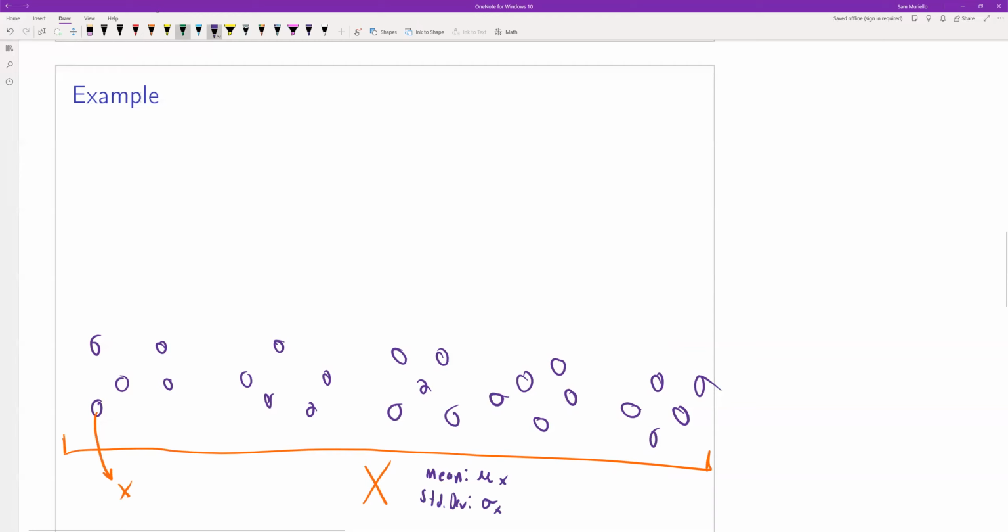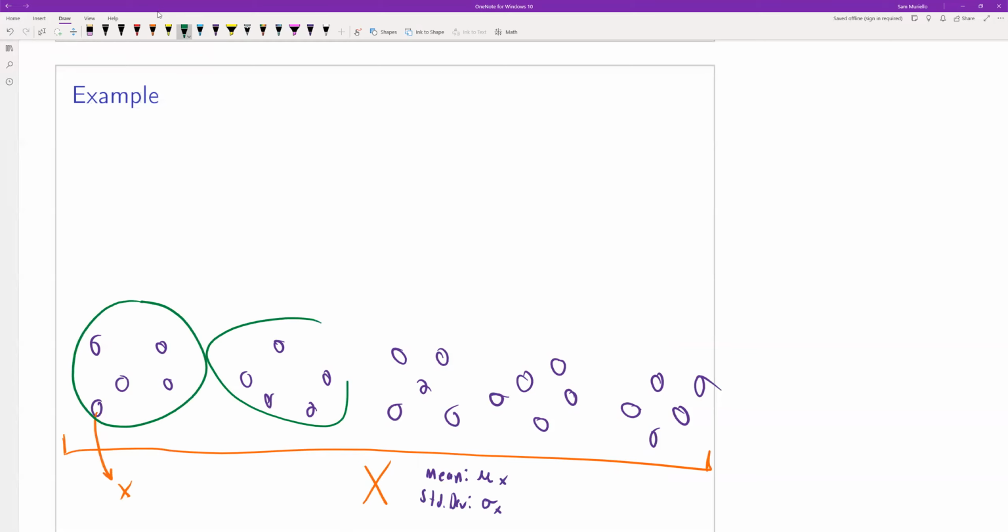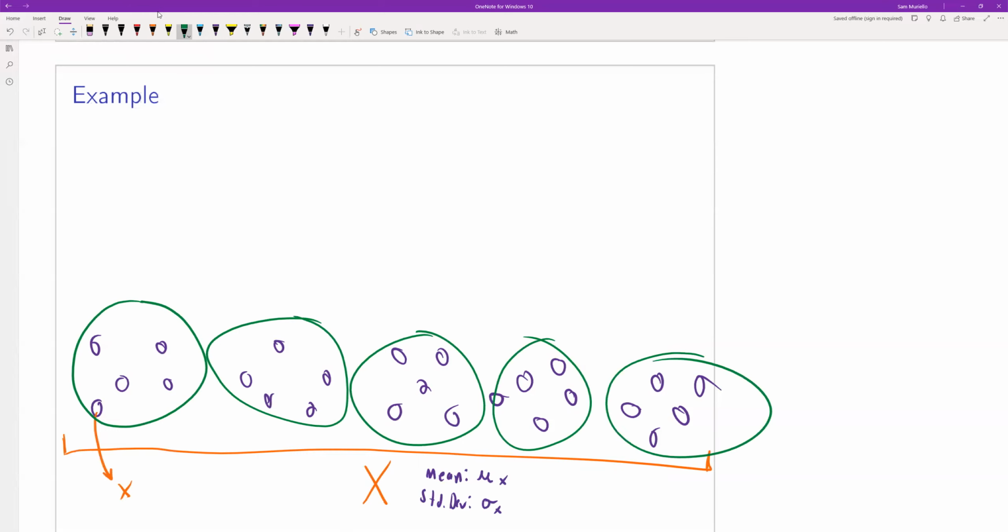The central limit theorem deals with taking samples. So I'm going to take a whole bunch of different samples. Ideally, they're random samples. So I'd take a random sample. In this case, for each of these, n equals 5. And we do want the sample size to be the same with each one.